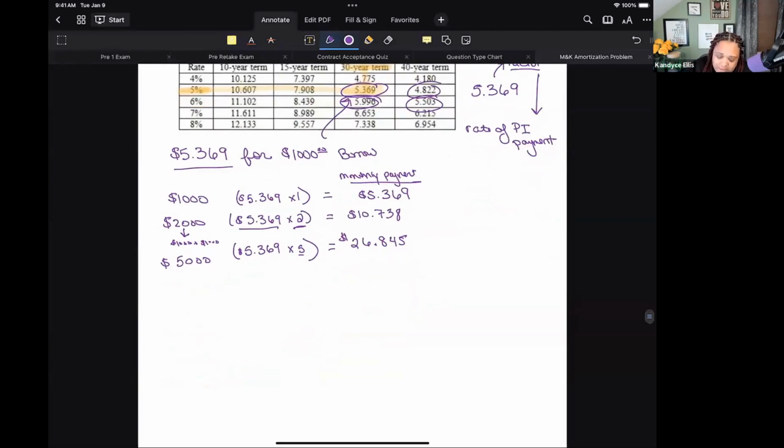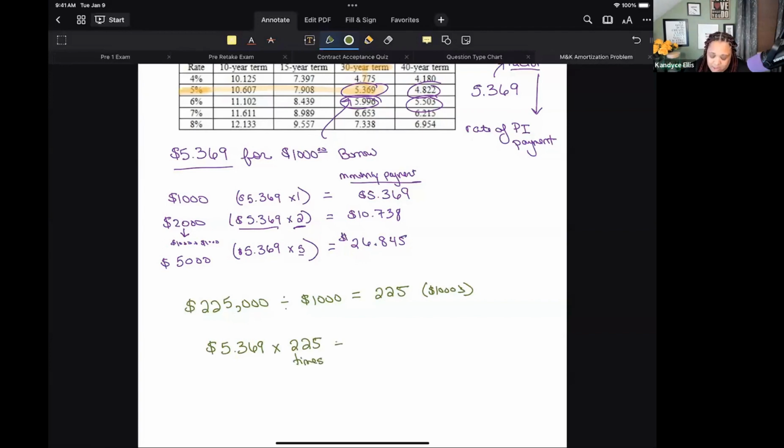Well, just in case you're wondering, if I've got 225,000 and I divide it by 1,000, even I can do this math without a calculator, bless my little heart. That's 225. There are 225 1,000s. So you're going to pay that $5.36 225 times.